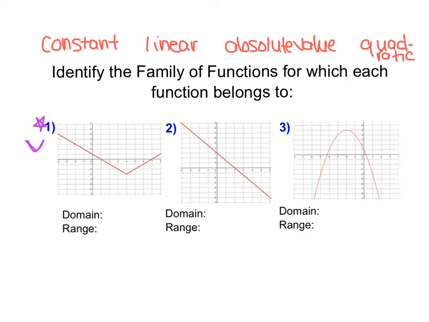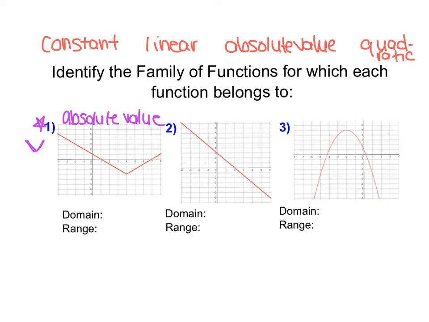So because this has a similar shape, this is a child graph of the absolute value function, and this particular graph belongs to the absolute value family. So that similar shape tells you that it is an absolute value graph.